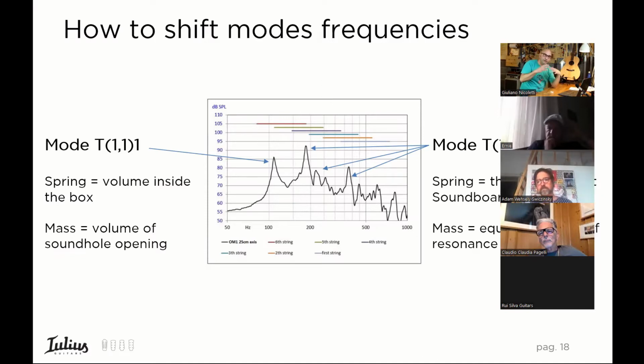When the soundboard is more domed, it is more rigid and the frequency is a little bit higher. When the humidity is lower, the soundboard is more flat, and with the flatter geometry, the resonance frequency goes a little bit down. So it changes a little bit with the seasons.